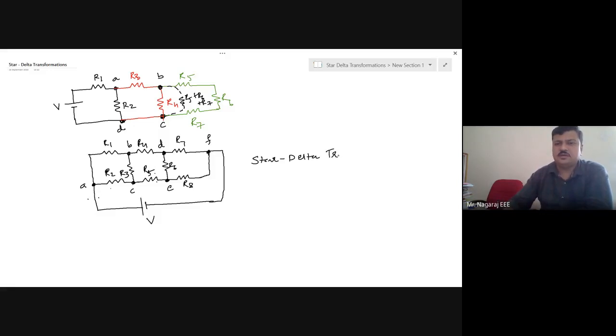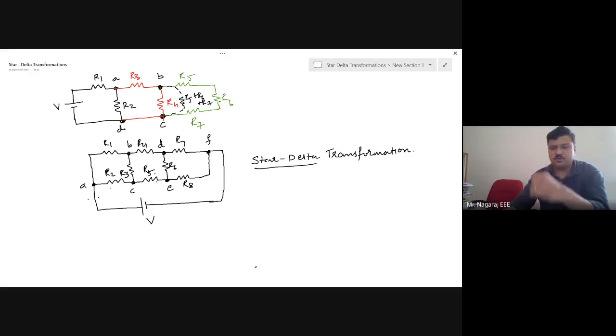This circuit can be very conveniently solved to get its equivalent resistance using star-delta transformation.